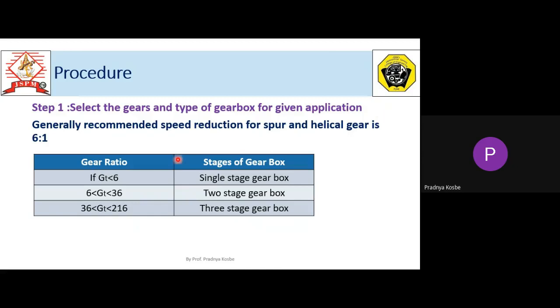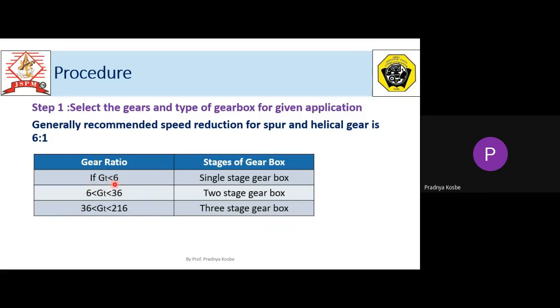So, generally, you find out the total speed ratio. Here, some thumb rules are there. According to gear ratio, the stages of gearbox will be decided.